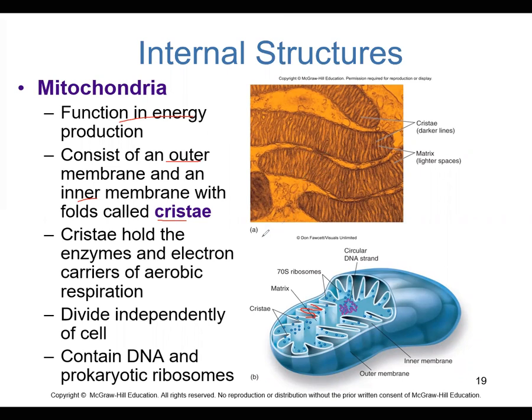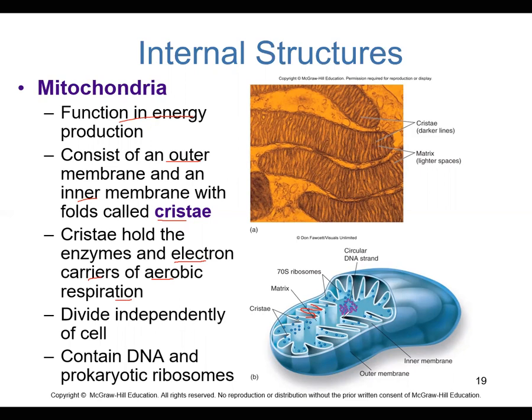The reason why is because the production of energy occurs on the membrane. So the more surface area membrane you have, the more energy you can produce. The cristae, that inner membrane, is where electron transport occurs, where we have our aerobic respiration producing lots of ATP.